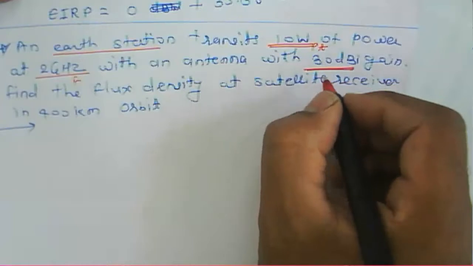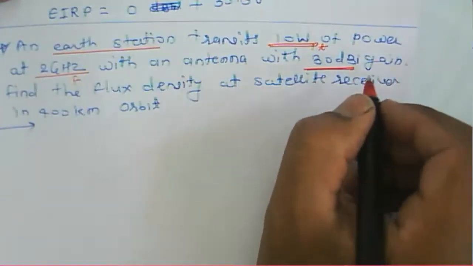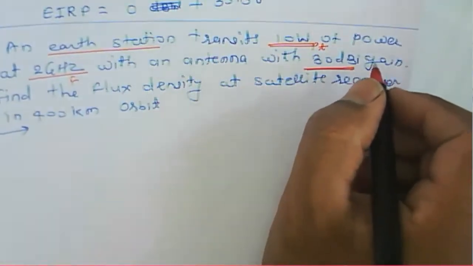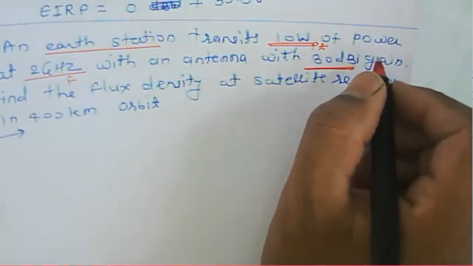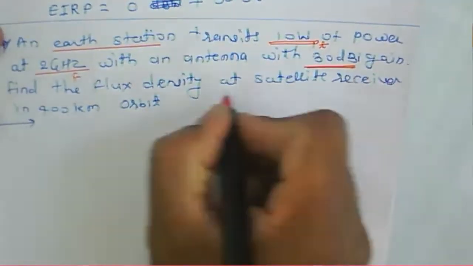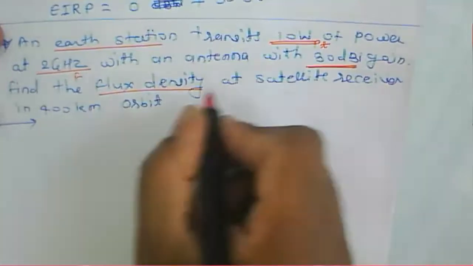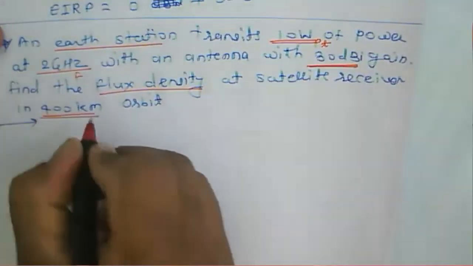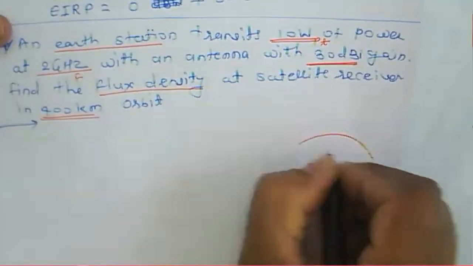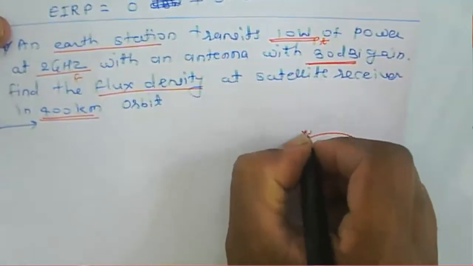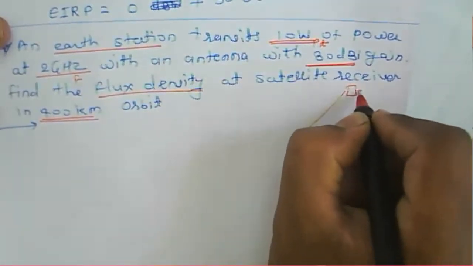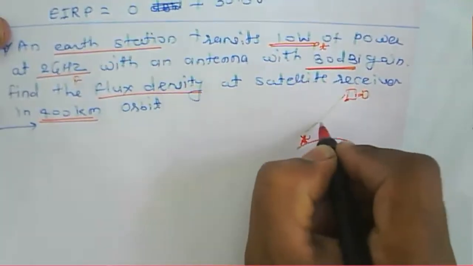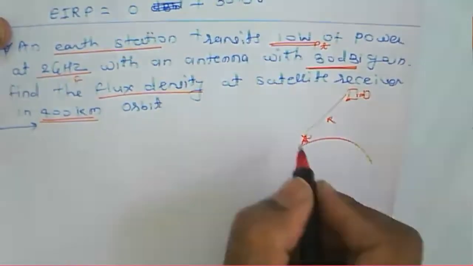Now we need to calculate the flux density at a satellite receiver in a 400-kilometer orbit. The earth station transmits, and we have the satellite present there, and the distance r is about 400 kilometer.